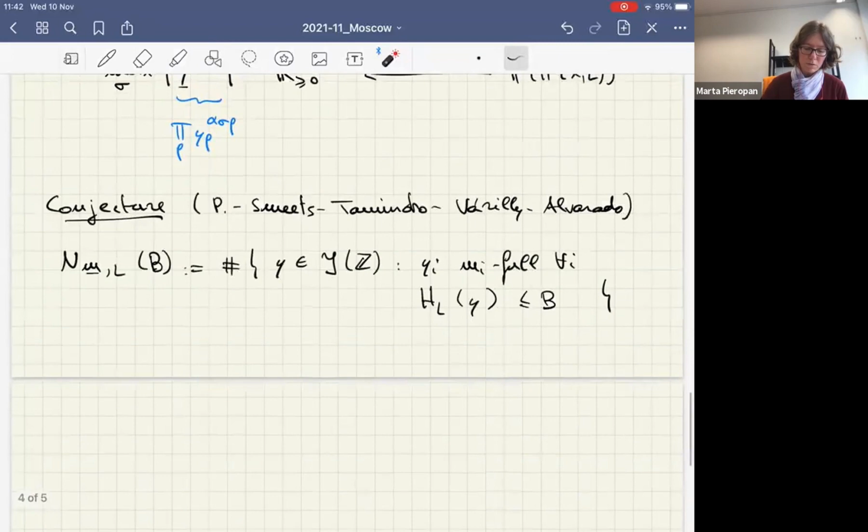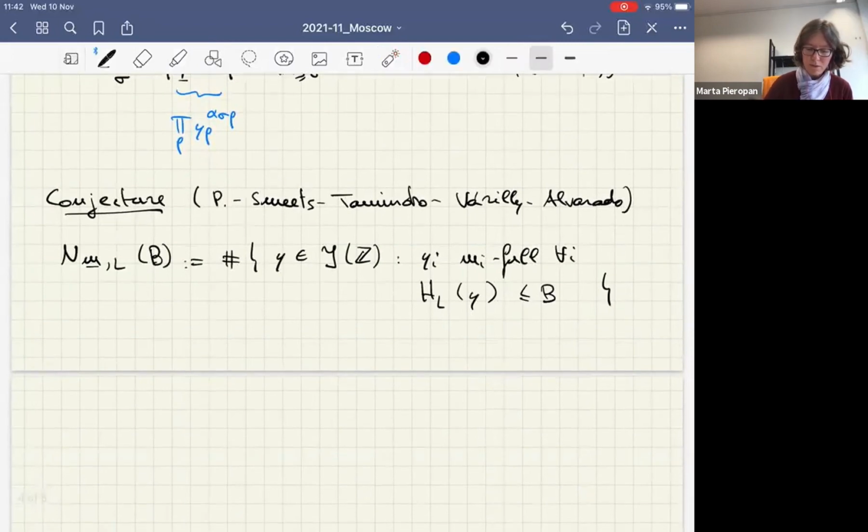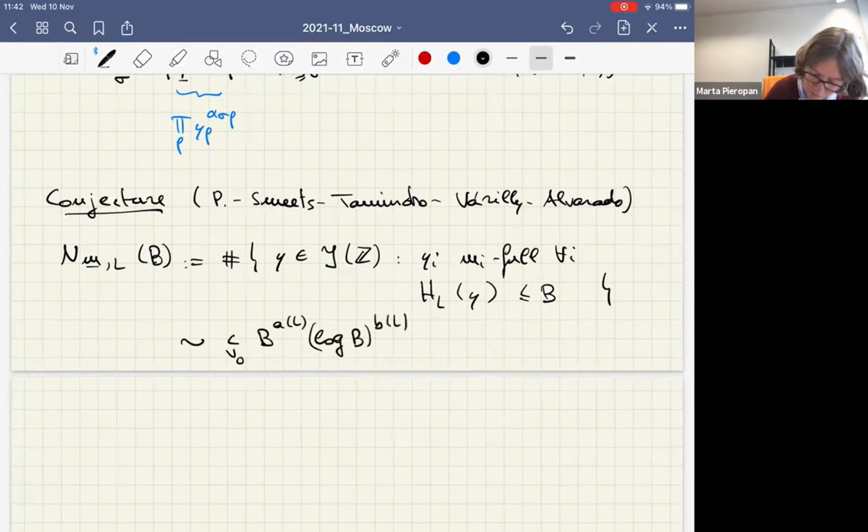And what we're going to do is look at what happens to this number when we take the bound to infinity. So what the conjecture says is that this set behaves asymptotically as some positive constant times B to the a(L) times log B to the b(L) minus 1, where a(L) is the Fujita invariant of L in the Campana pair.